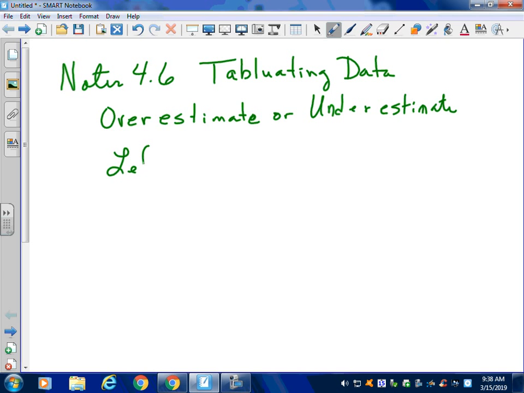We're going to look at a left Riemann sum. It's the name of the mathematician who came up with this. A left Riemann sum is a lower.